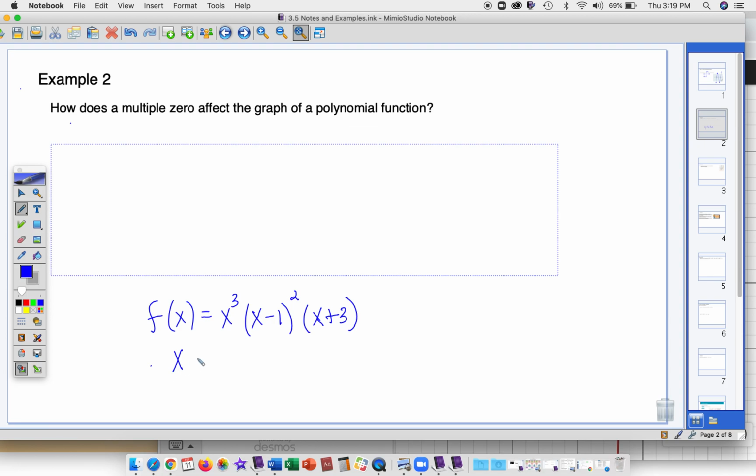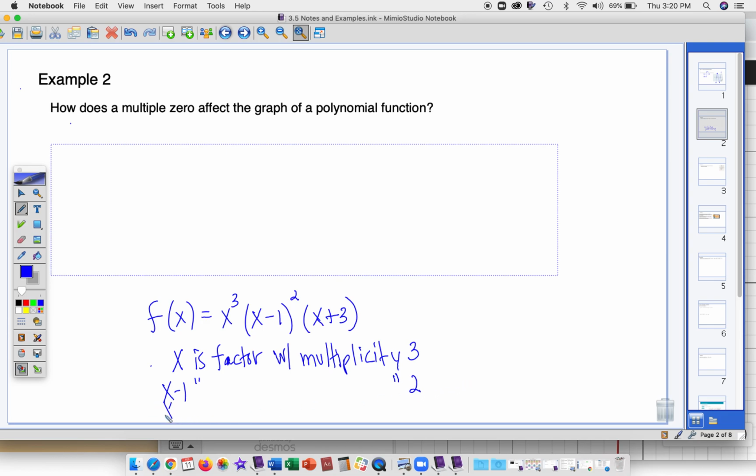x is a factor with multiplicity 3. Okay. x minus 1 is a factor. I'm putting quotes there because we're repeating it as a factor with multiplicity 2 because it's to the second power.